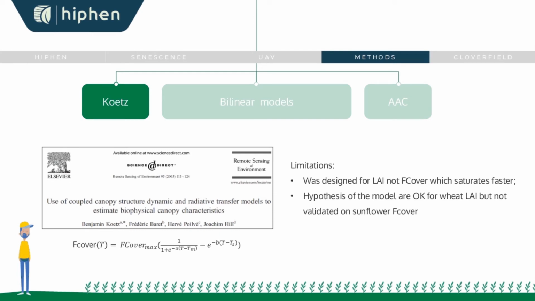In our case, we just had F cover, so we tried to apply it for F cover as well. It does have some limitation because F cover saturates compared to LAI, which can explain some of the bad results we had with this method. But I think it's the most physical way to try to model it.